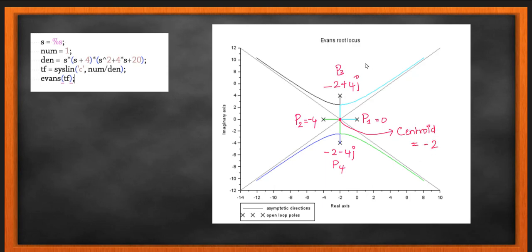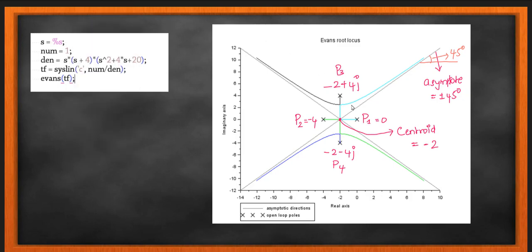I'm just labeling things for you. The asymptotes are at plus or minus 45 degrees, and on the bottom side plus or minus 135 degrees, since 180 minus 45 doesn't matter. You can take the centroid and draw the 45 degree lines from it. That is your asymptote, shown in the gray line.